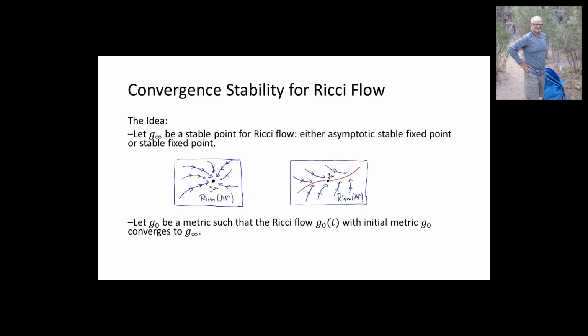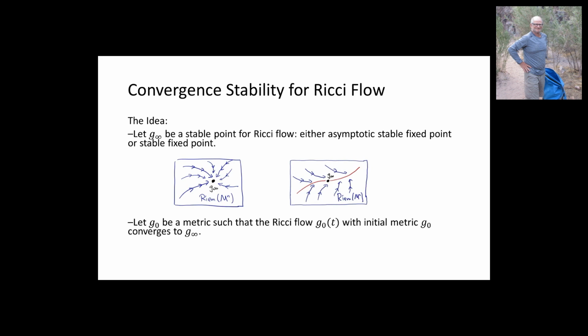So let me start by talking about the results on what we call convergence stability for Ricci flow. The basic idea is this: if you have g sub infinity as a stable point for the Ricci flow, either an asymptotically stable fixed point or just a stable fixed point, I indicate these two types of stability in these pictures. The one on the left is an asymptotically stable point.